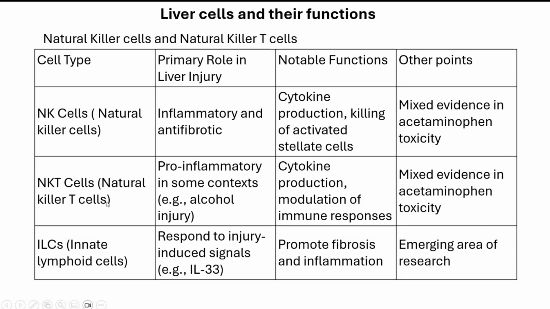Natural killer T cells are pro-inflammatory in some contexts, for example, alcohol injury. Cytokine production and modulation of immune responses are notable functions, and there is mixed evidence in acetaminophen toxicity. Innate lymphoid cells, ILCs, respond to injury-induced signals, that is IL-33. They promote fibrosis and inflammation. This is an emerging area of research.